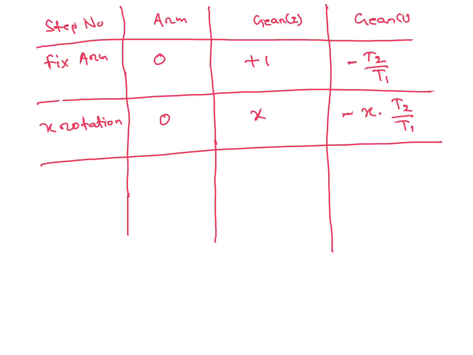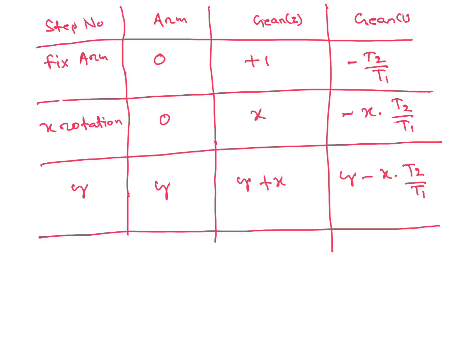Then we will add Y rotation. So arm will rotate Y, gear 2 Y plus X, gear 1 Y minus X into T2 by T1.